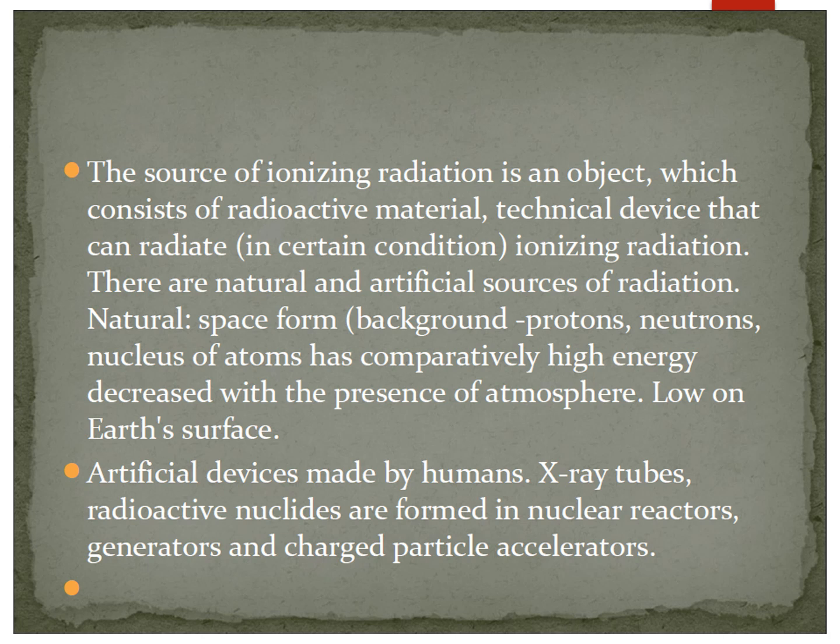Background protons, neutrons, nucleus of atoms have comparatively high energy, decreased with the presence of atmosphere, low on Earth's surface. Artificial sources are devices made by humans: X-ray tubes, radioactive nuclides formed in nuclear reactors, generators, and charged particle accelerators.